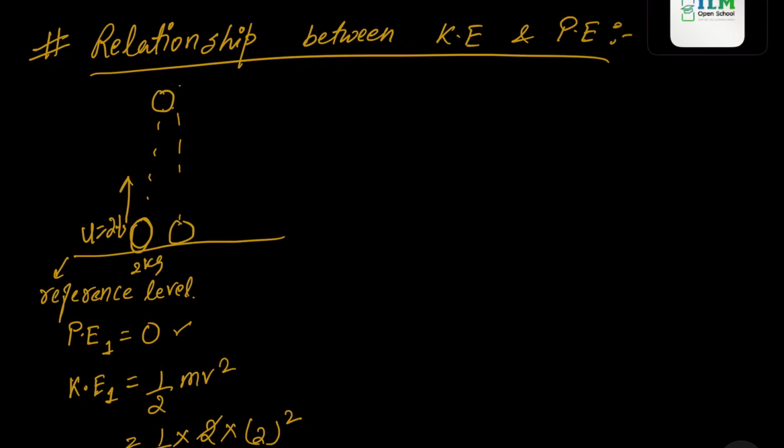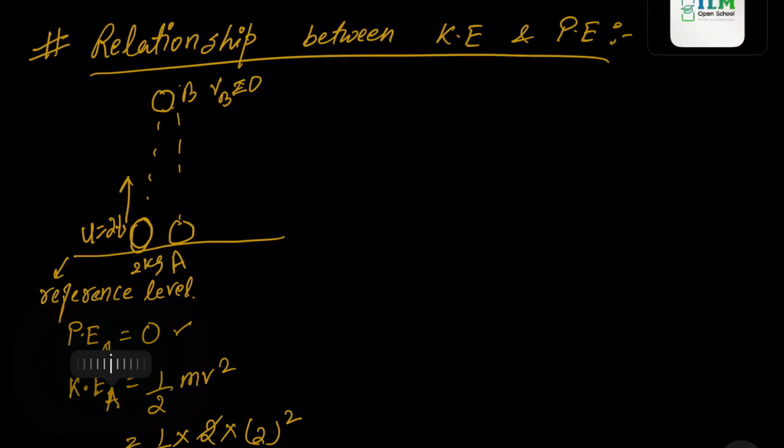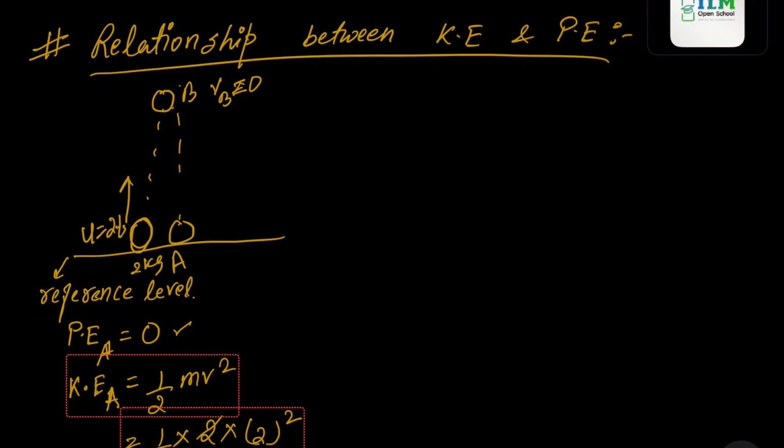Now we will throw it upwards, and the velocity at this point, let's say it is point B, becomes 0. At the highest point, the velocity of the ball is 0. Let's name the starting point A. It's just for ease, so that I can teach you easily.